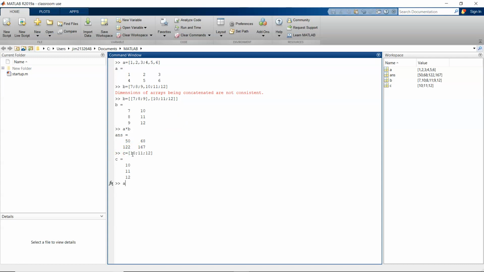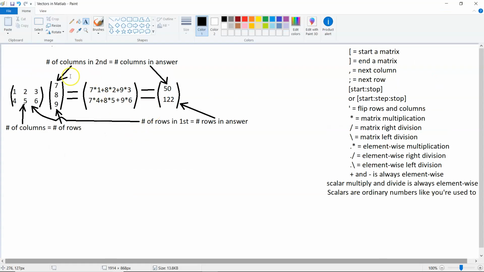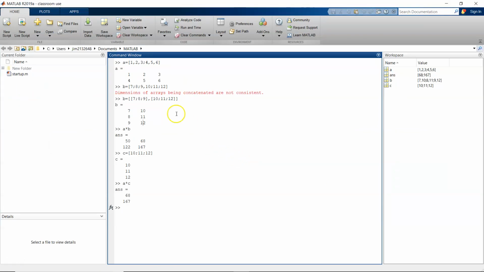Okay. And now A times C. We get this is the answer. It's the second column. C is the second column in B right here. It's like you're taking this vector and multiplying it by A, just like these rules right here. Taking that second vector, multiplying it by A.